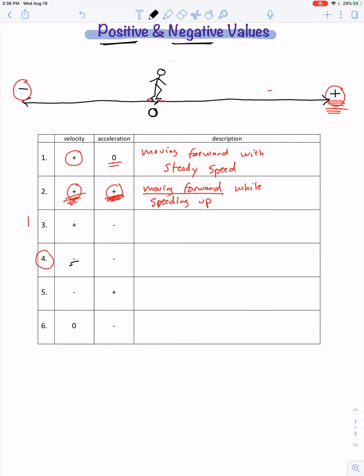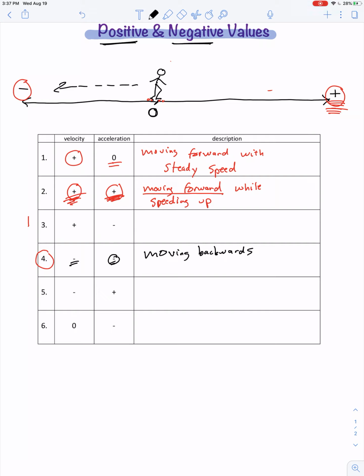Okay, negative velocity just means they're moving backwards. Oops, wrong spot. Okay. Now, negative acceleration, oh, that must mean moving backwards while slowing down, right? A negative acceleration means slow down.